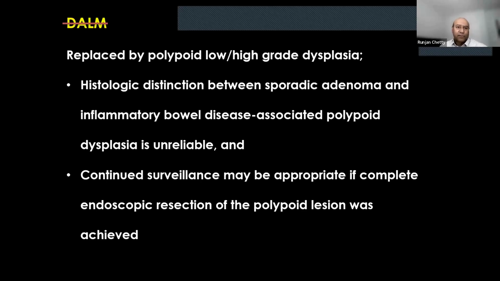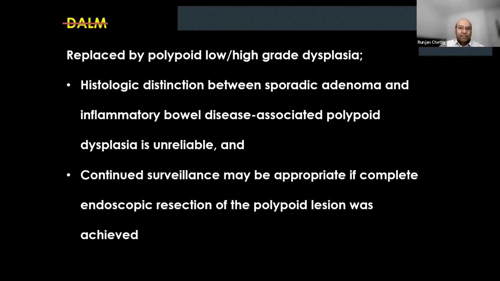And there are a couple of reasons why they've decided to dispense with this term. Because the distinction between sporadic adenoma and IBD-associated polypoid lesions is unreliable. There is no reason why an IBD patient who is 70 cannot get a sporadic tubular adenoma. Therein lies the confusion. And continued surveillance may not be appropriate if, for instance, the lesion is completely excised and it was polypoid.